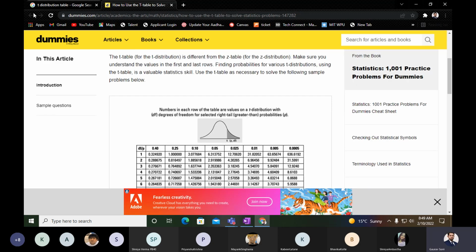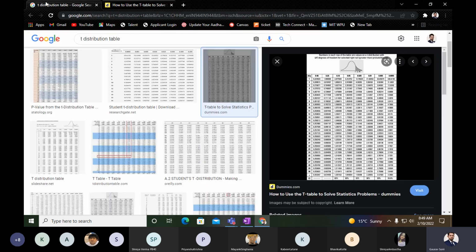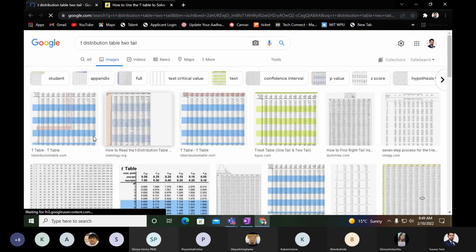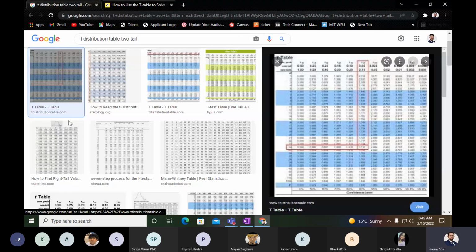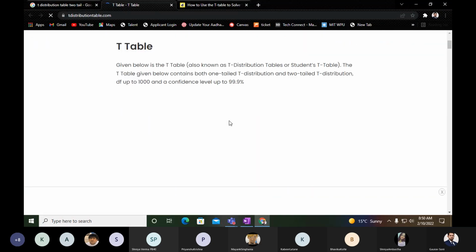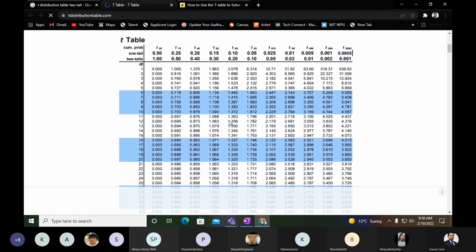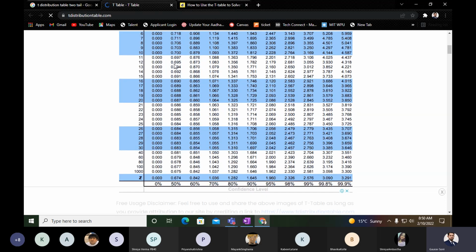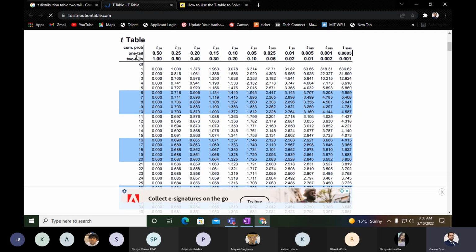So I can also choose, for an example, two tail. This table has both the values, two tail and one tail.